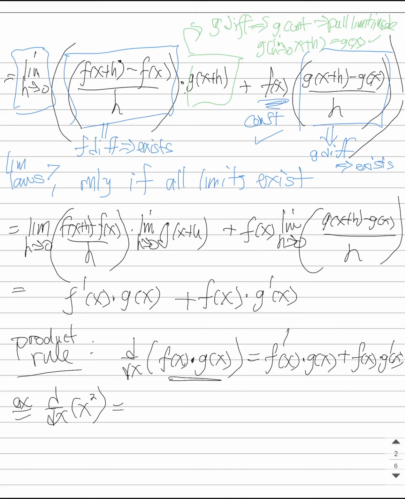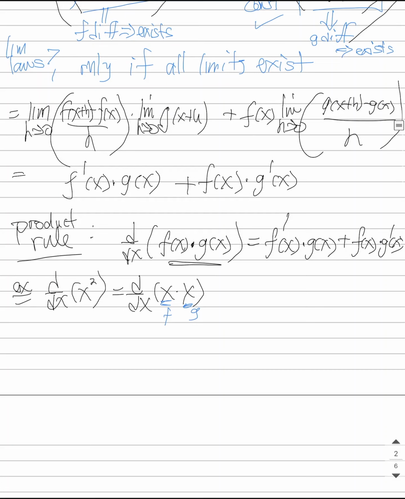Now, we could go back to the example that I did at the beginning and say, okay, this thing here, x squared, could be written as x times x. And if I wanted to, I could consider one of the x's as an f, the other one as a g. According to the product rule, this would be the derivative of the first one times the second.